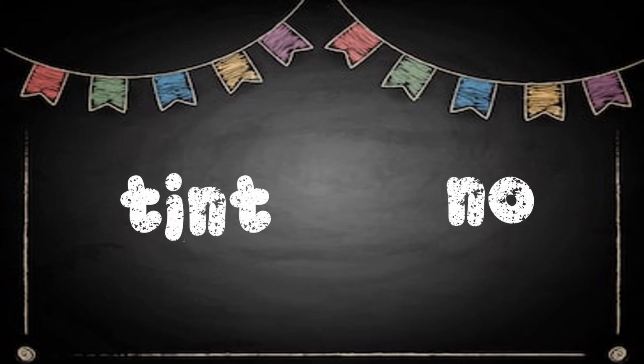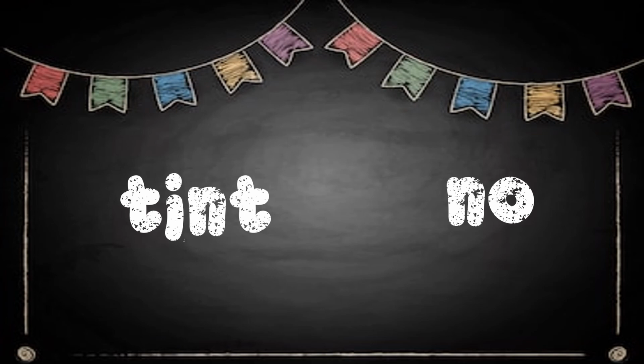Now remember, the first thing I look at is, do I see a vowel? And yes, I do. I see the letter I. And is that vowel followed by a consonant?